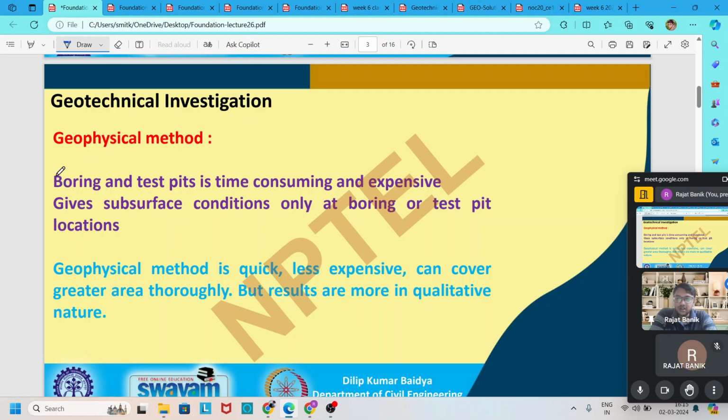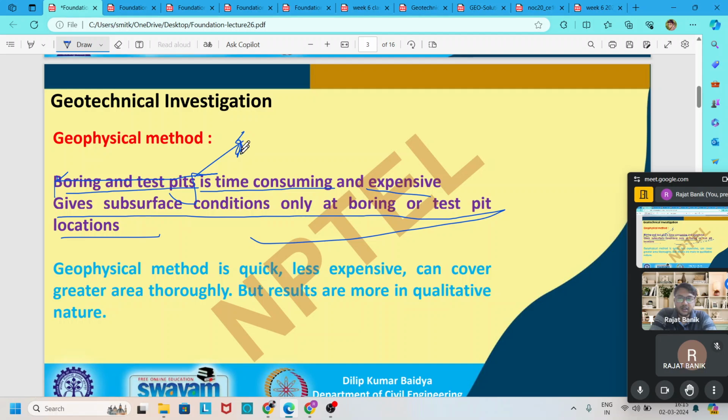It is said that boring and test pit is time consuming and expensive, and gives subsurface conditions only at a boring and a test pit location. The boring and test pit methods are nothing but the SPT and CPT tests. These tests are time consuming because we first have to bore a hole or dig a test pit, then conduct the test.